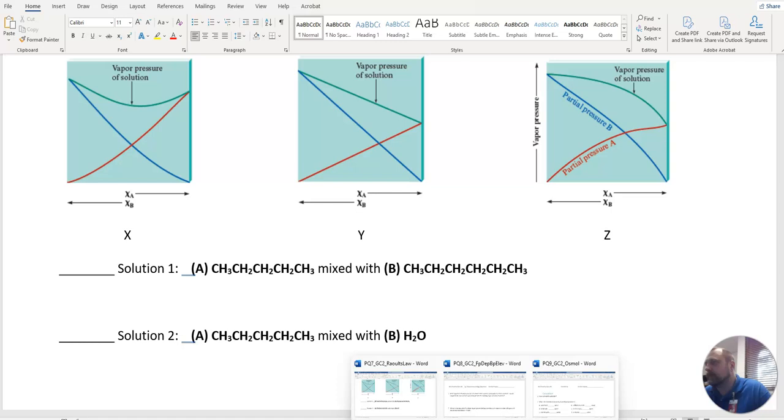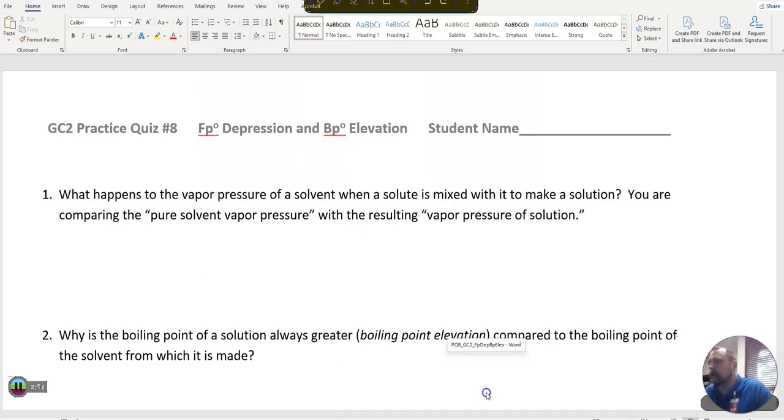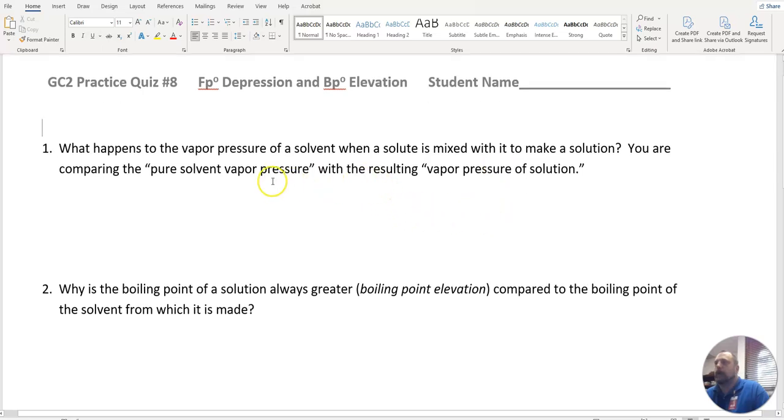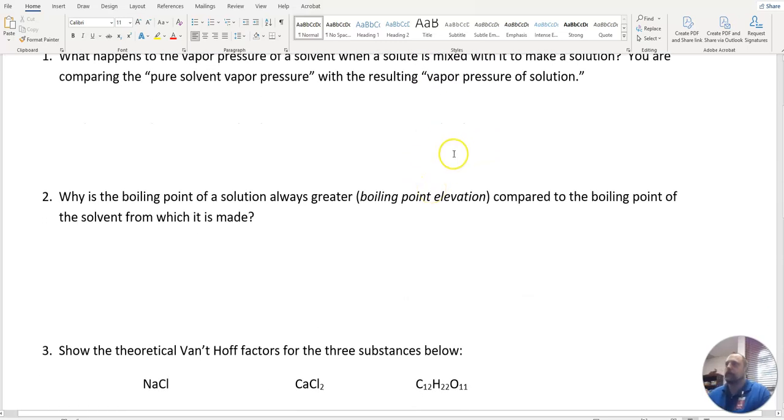So then we're going to switch over to our depression. And so when we make a solution, we're going to be lowering the vapor pressure. Okay, so boiling point elevation is also caused by vapor pressure depression.